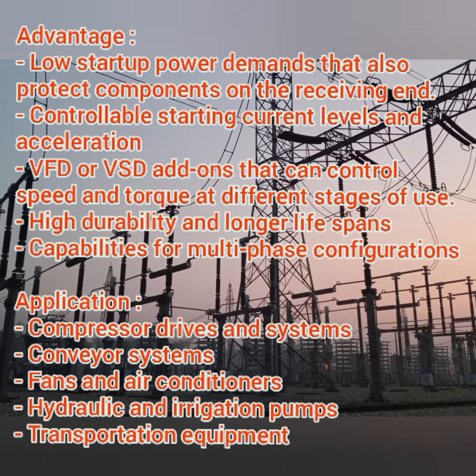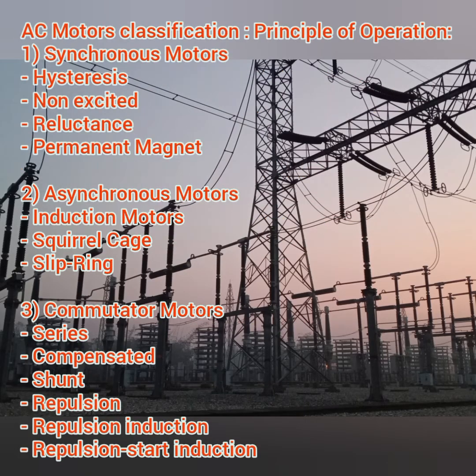Then coming to the main types, there are different types of AC motor. According to their principle of operation, they are mainly classified into three types: synchronous motor, asynchronous motor, and commutator motors. A synchronous motor is a motor which runs at synchronous speed with control of speed.